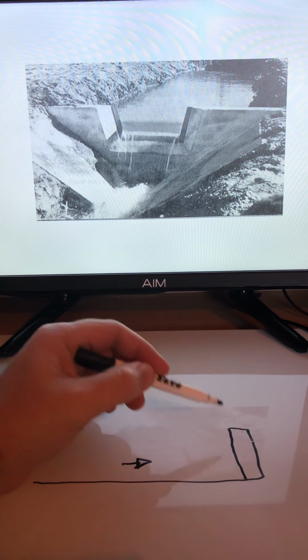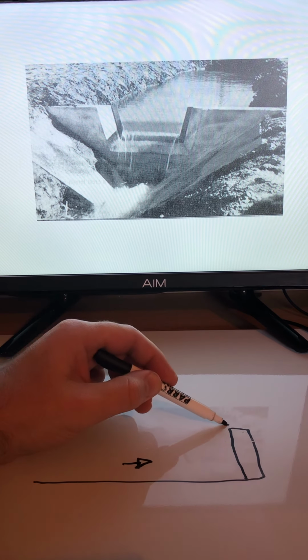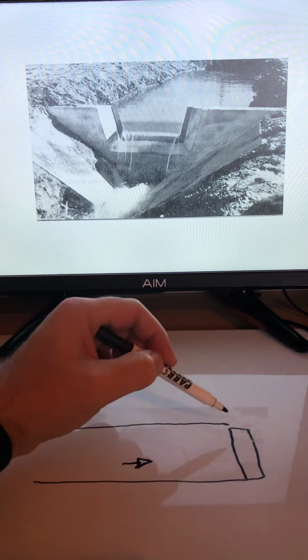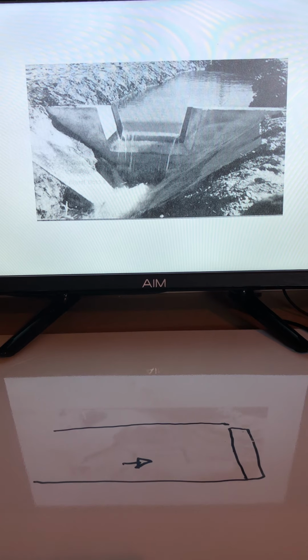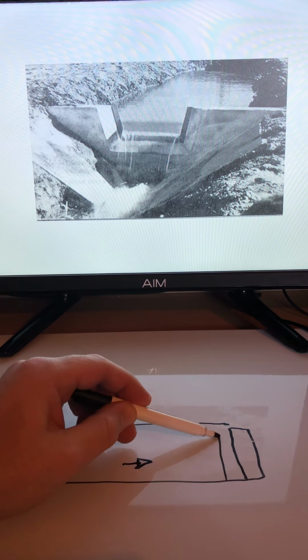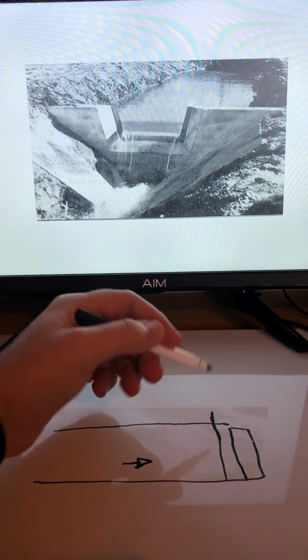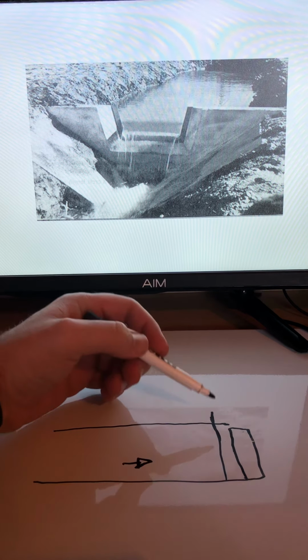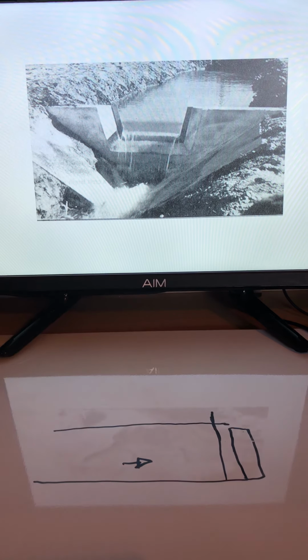Where it was here, the water level rises to that place, and then the water will go over the top, and we can easily measure the flow rate of the water. In some instances they'll put a bar like this, like a ruler, to measure the height of the water level, and that's how they determine the flow rate.